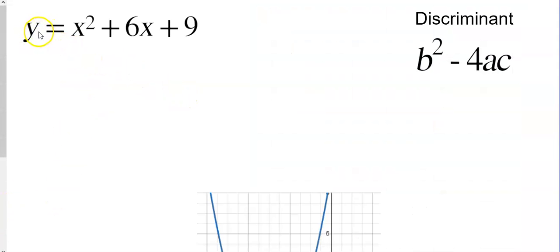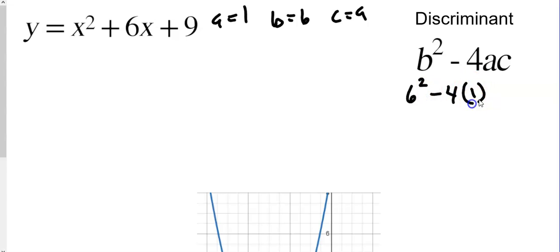So now put the x squared plus 6x plus 9 into your calculator and graph it. Also recognize that a is 1, b is 6, c is 9. So now we're going to go 6 squared minus 4 times 1 times 9. So now 36 minus 36, we get 0.